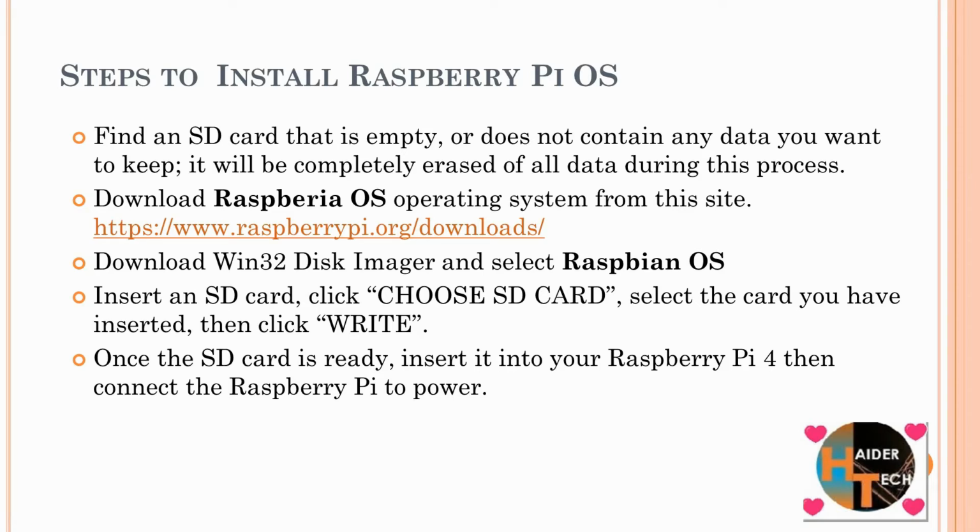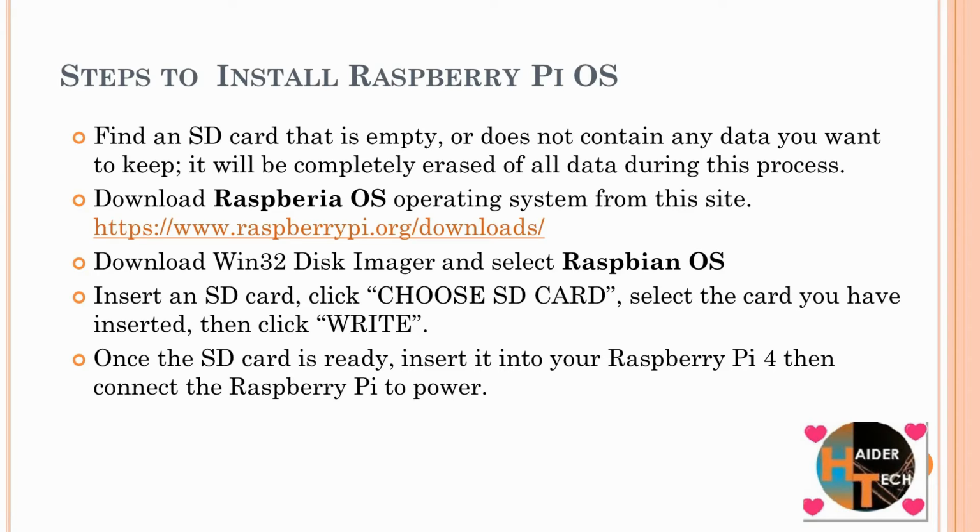Once you have the Raspbian OS and the Win32 Disk Imager, you need to insert the SD card in the SD card reader. Then select the Raspbian OS and click on Write.